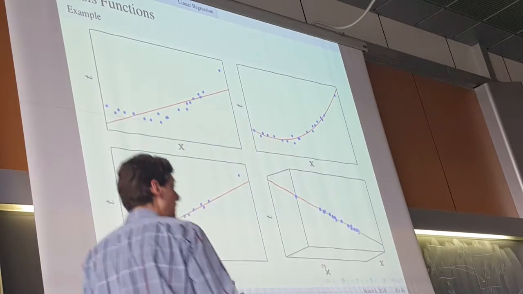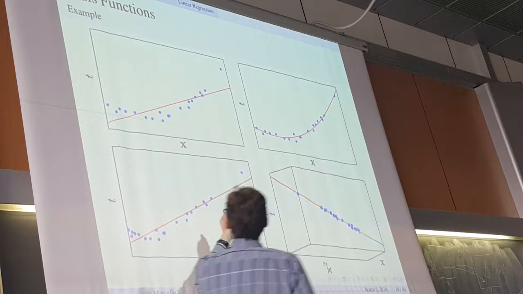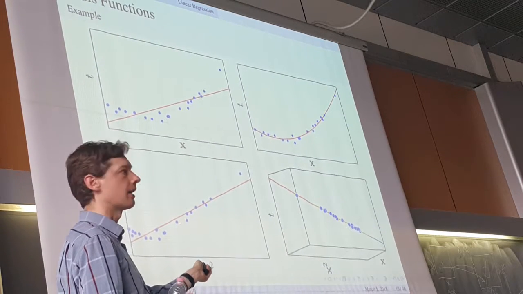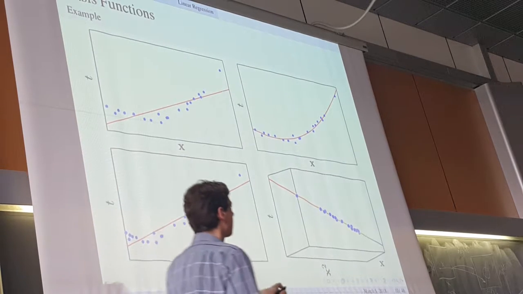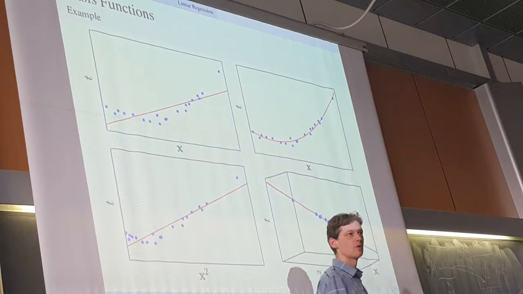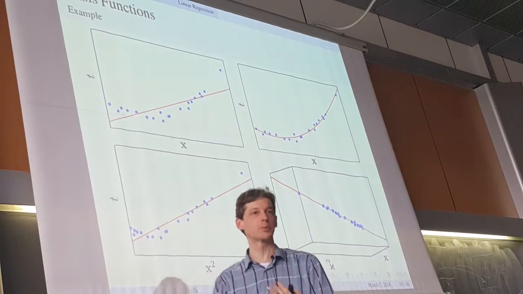What does this mean? It means that a linear model here sucks, a linear model here is quite perfect, and you have simply transformed the input space.